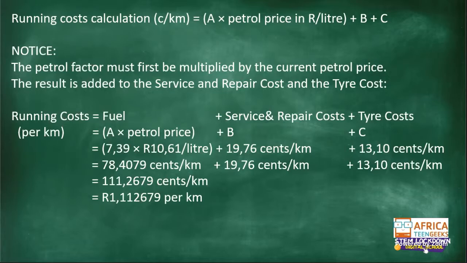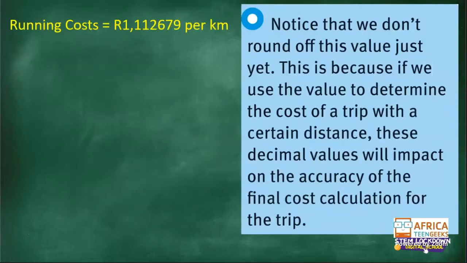So those are costs that are of calculations. And of course, even in our case, we have used the formula to calculate the cost per kilometer. So let's say, for instance, you want to take a trip. We now know that the running costs are 1 rand and 11 cents per kilometer. That is if you round it off.